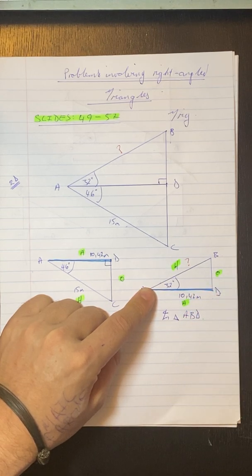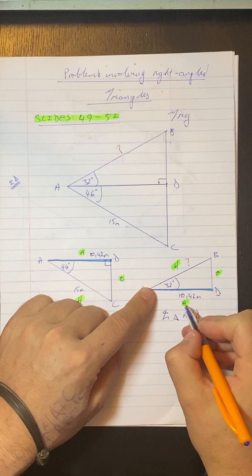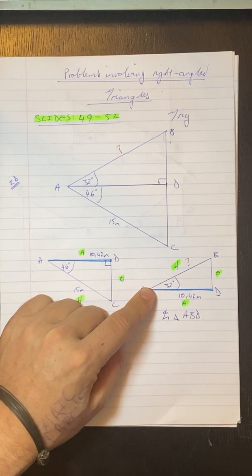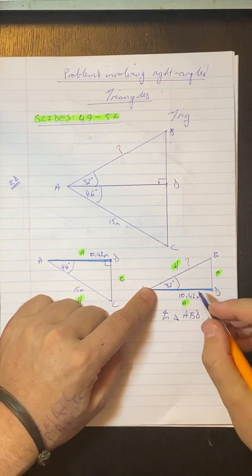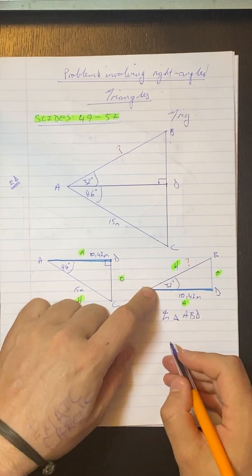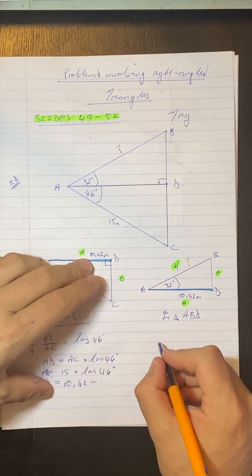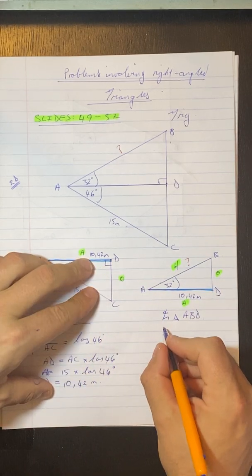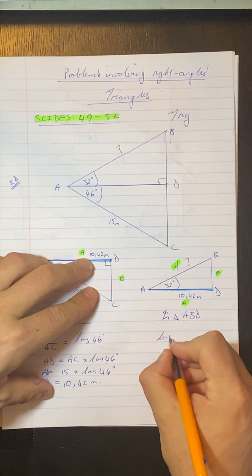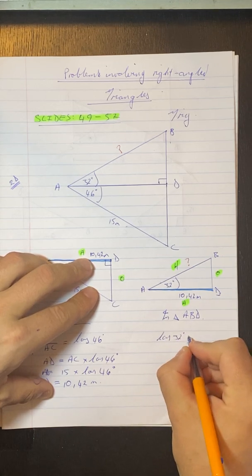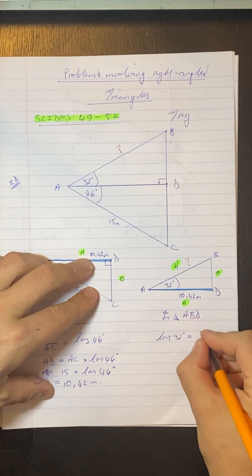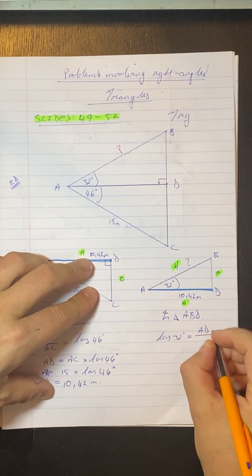And we are looking for a trig function that has the combination A and H. So, silly old hens, cackle and heckle. So it is cos. So we know that in this case, cos 32 degrees is equal to AD over AB.